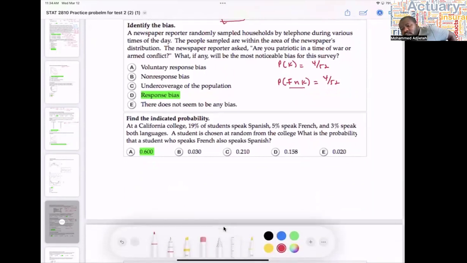And so in this problem here, we are told that a newspaper randomly sampled households by telephone during various times of the day. The people sampled are within the newspaper's distribution. The newspaper reporter asked, are you patriotic in a time of war or armed conflict?